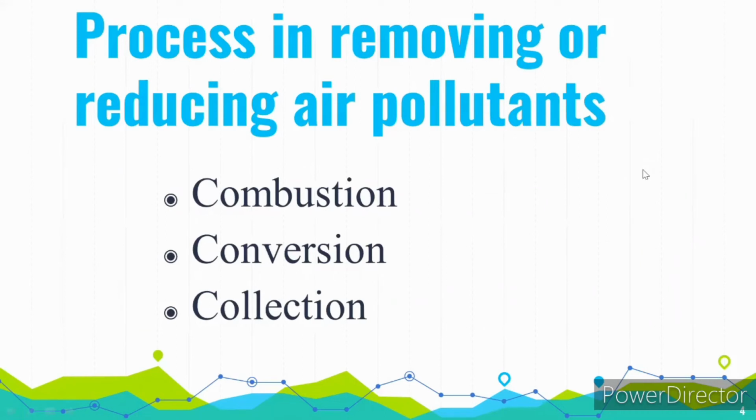Combustion is destroying the pollutant. What is conversion? Conversion is chemically changing the pollutant to a less harmful compound. And what is collection? Collection is removing the pollutant from the waste air before its release into the environment and the atmosphere. So let's go to the devices used in air pollution control.